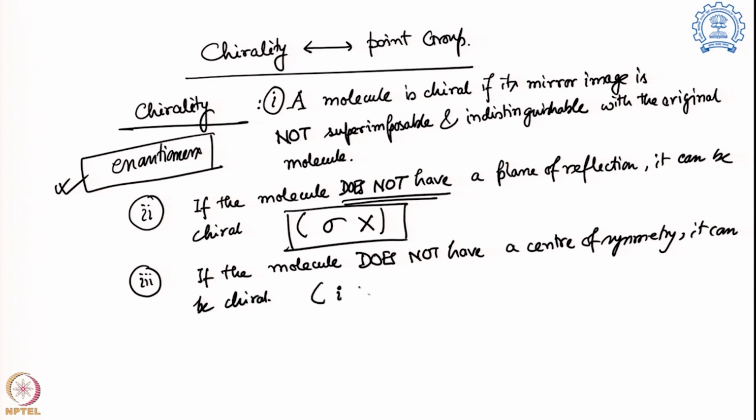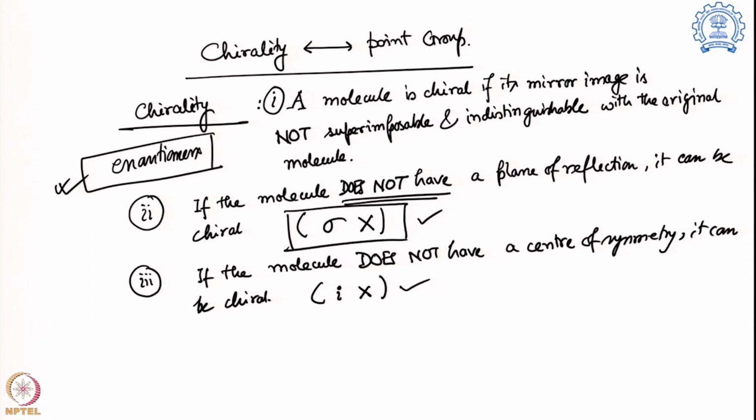So, no center of symmetry or center of inversion should be present. And with all those things, when we look into that, we ask, is there any connection between chirality and the point group? Obviously, some symmetry elements come up, but they are not really general ones. How can I further generalize it and connect it to point group?